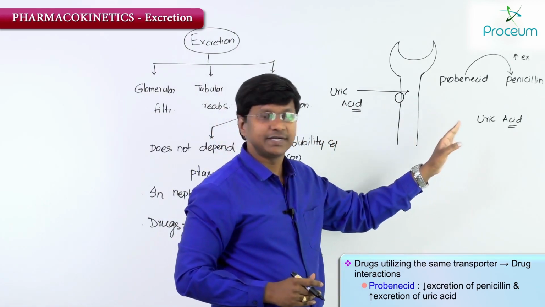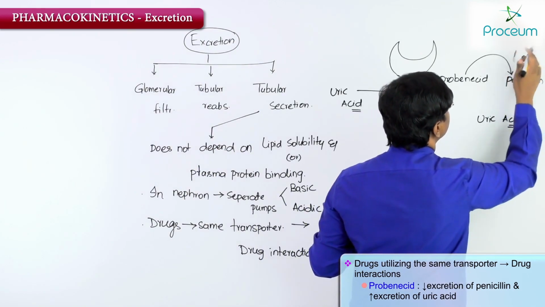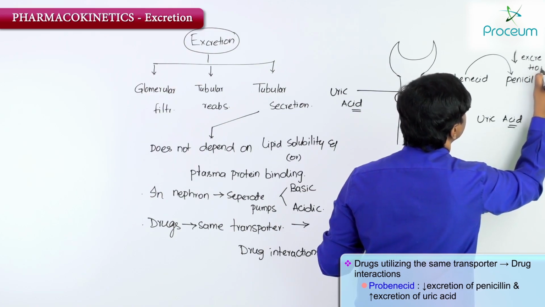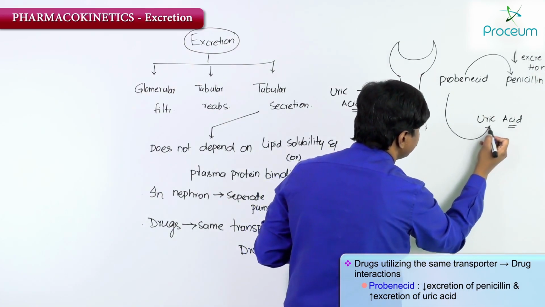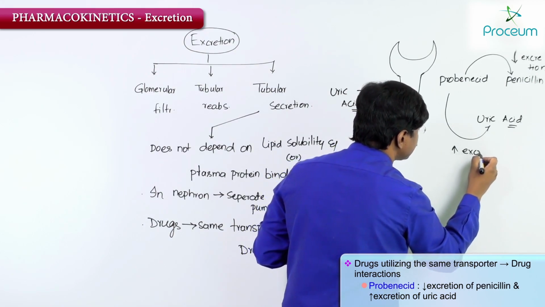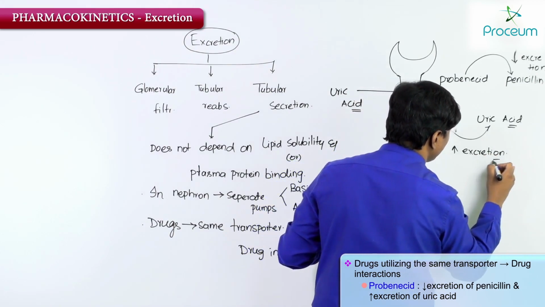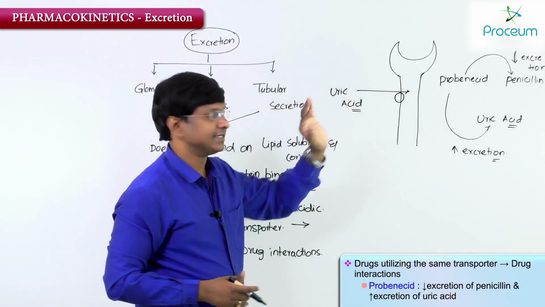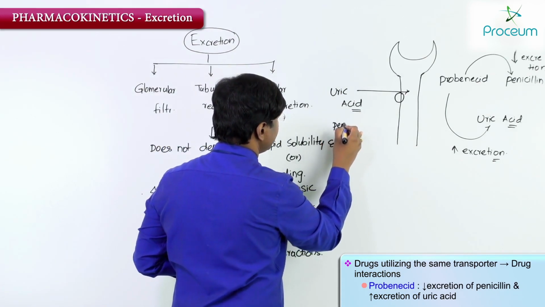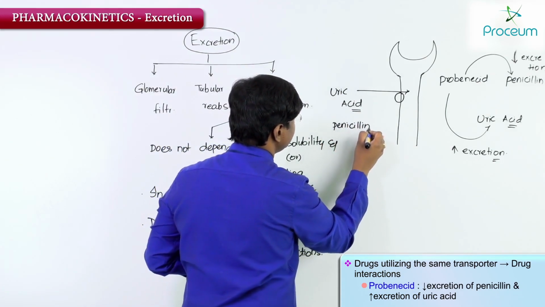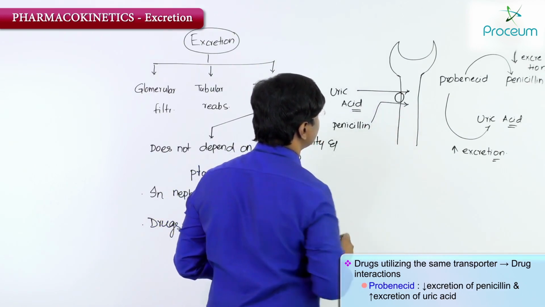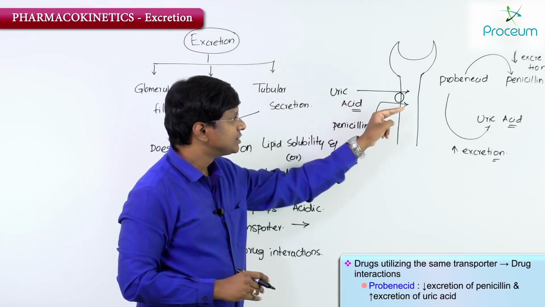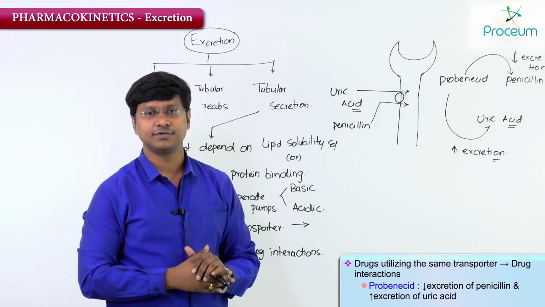That means uric acid as well as penicillin try to get secreted through the same transporter in the proximal convoluted tubule.